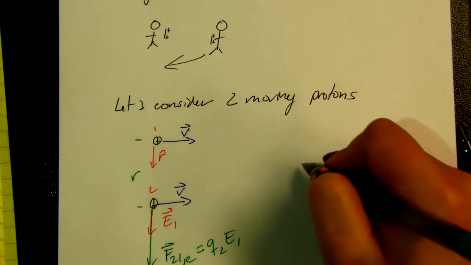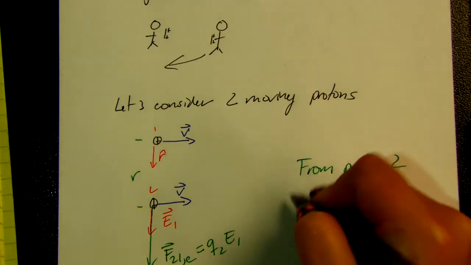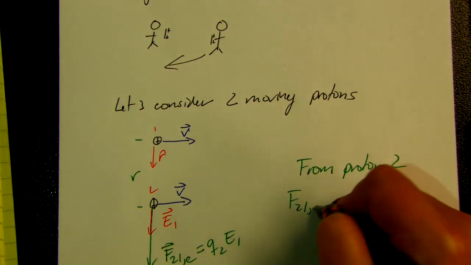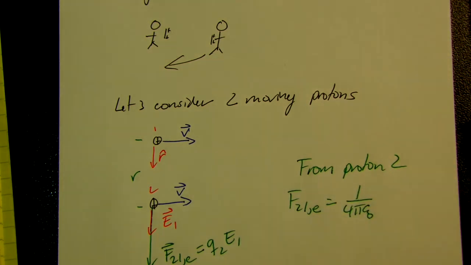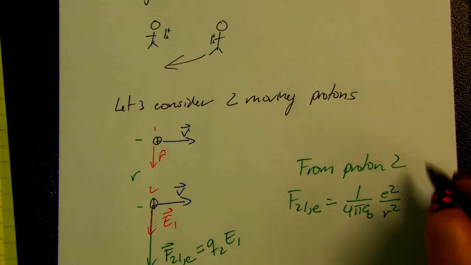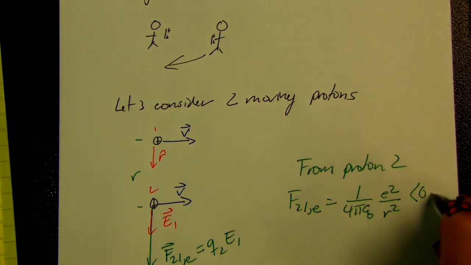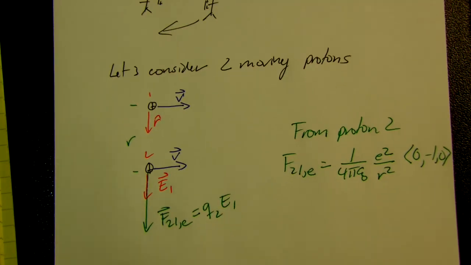So F21 is equal to 1 over 4 pi epsilon naught, q1 q2 over r squared times (0, minus 1, 0). In this case, since it's going down, we can just put minus 1 in for our unit vector. All right, so this is the situation that we're going to be analyzing.